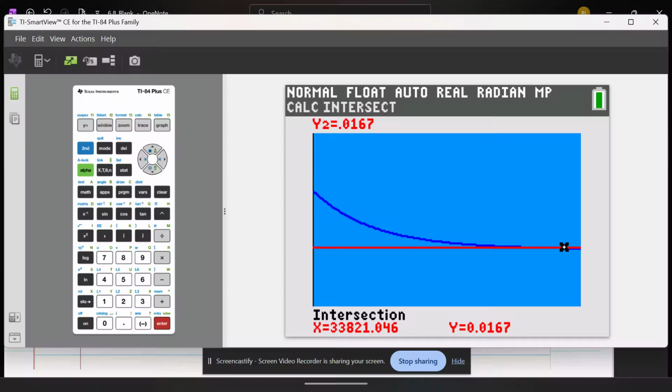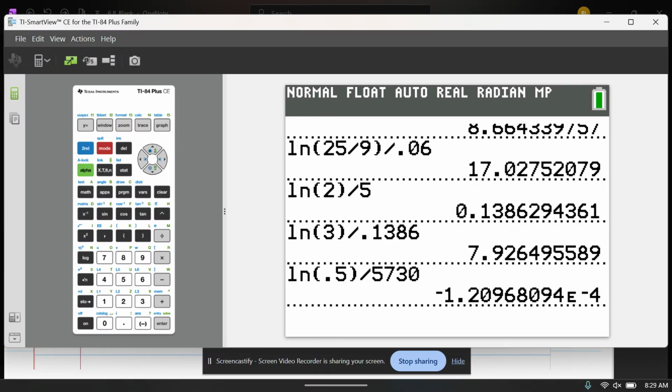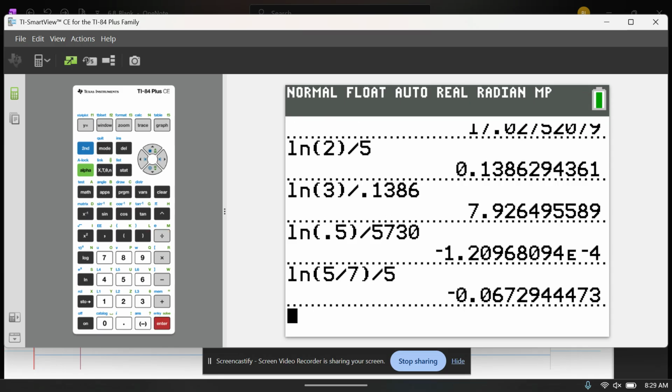So go to the regular calculator screen. Natural log 5 divided by 7, close the parentheses, divided by 5. And I'm going to go 3 significant figures. If you remember from science class, sig figs means the zeros in front don't count. So if I'm going 3 sig figs, this 0 doesn't count, that 0 doesn't count.